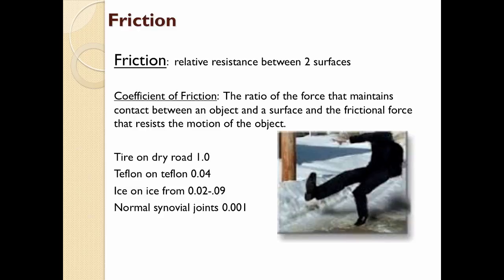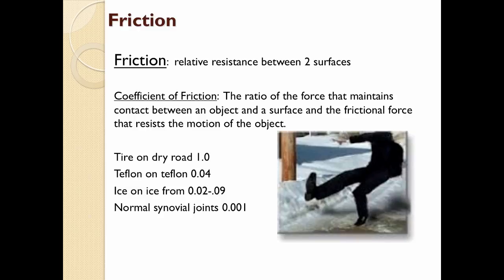So a coefficient of friction is the ratio of the force that maintains contact between an object and a surface and the frictional force that resists the motion of an object. So a tire on the road has a 1.0 coefficient of friction. Teflon on Teflon, fairly slick, 0.04. And then ice on ice we think of being really slick, so that's 0.02 to 0.09.